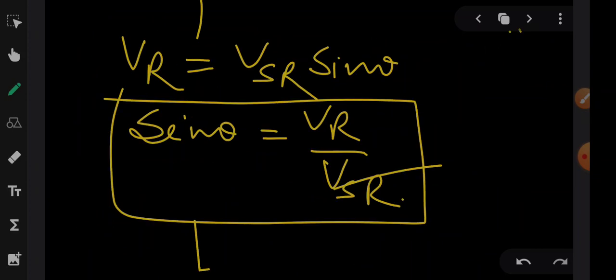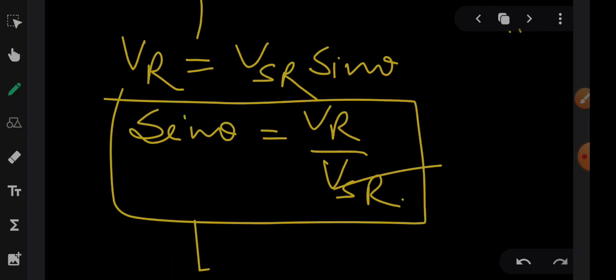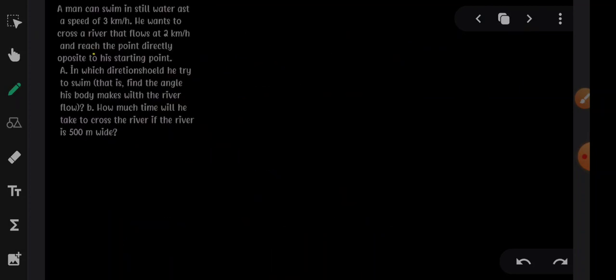So sin theta is equal to VR by VSR. This must be the angle at which he should start swimming in order to cross the river along the straight path A to B. So this is your theory. Now come to numerical.